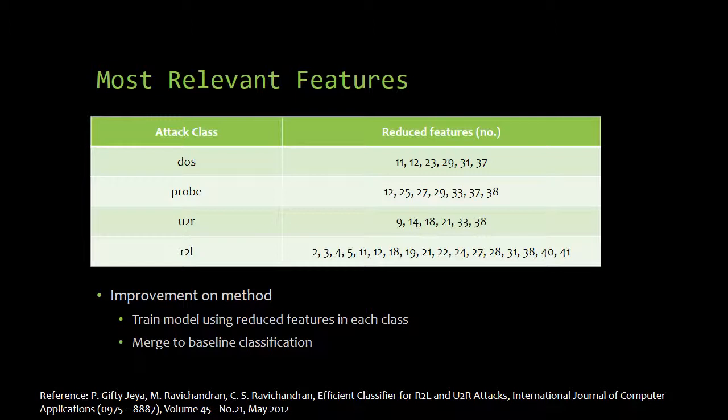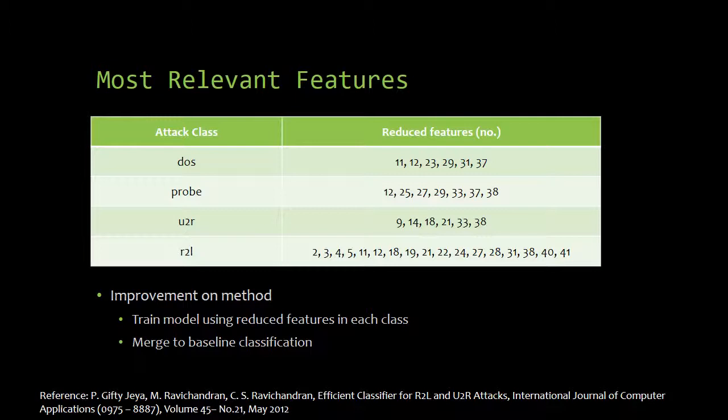I was expecting that this way, the predicted result for a certain class would be more precise compared with using all the features. So what I did to improve the model is that I trained the model using reduced features in each class and merged them with the baseline classification.